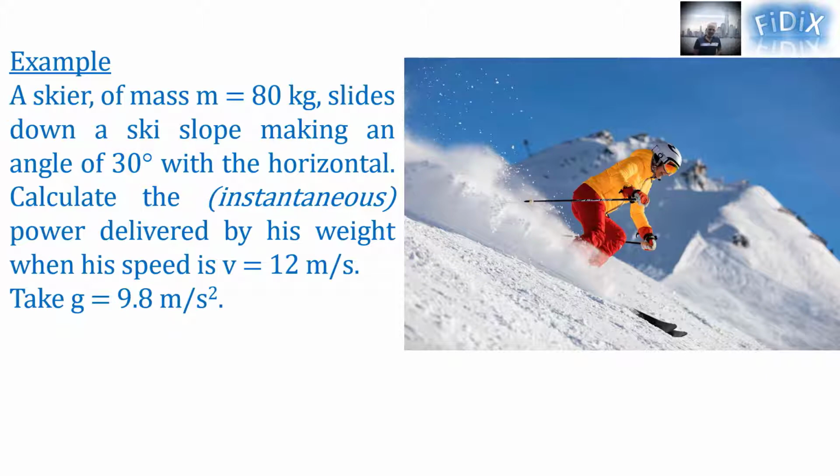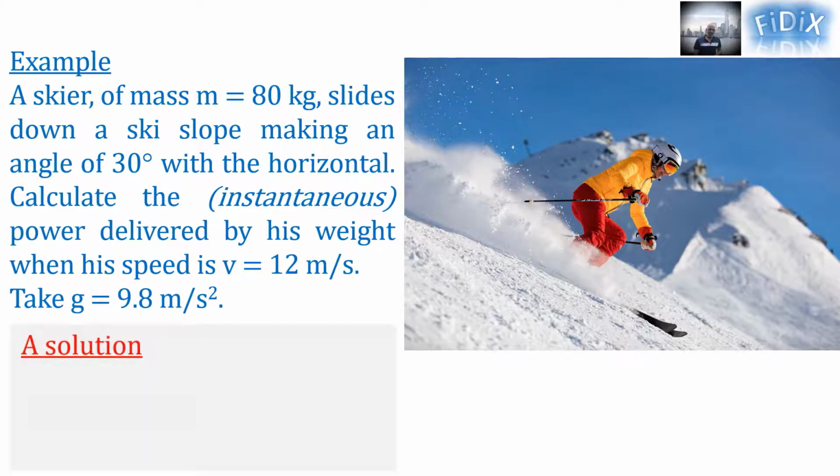Calculate the instantaneous power delivered by his weight when his speed is v equals 12 meters per second. Take g equals 9.8 meters per second squared. Note that instantaneous is written between parentheses because whenever we say power without specifying, we are talking about instantaneous power.